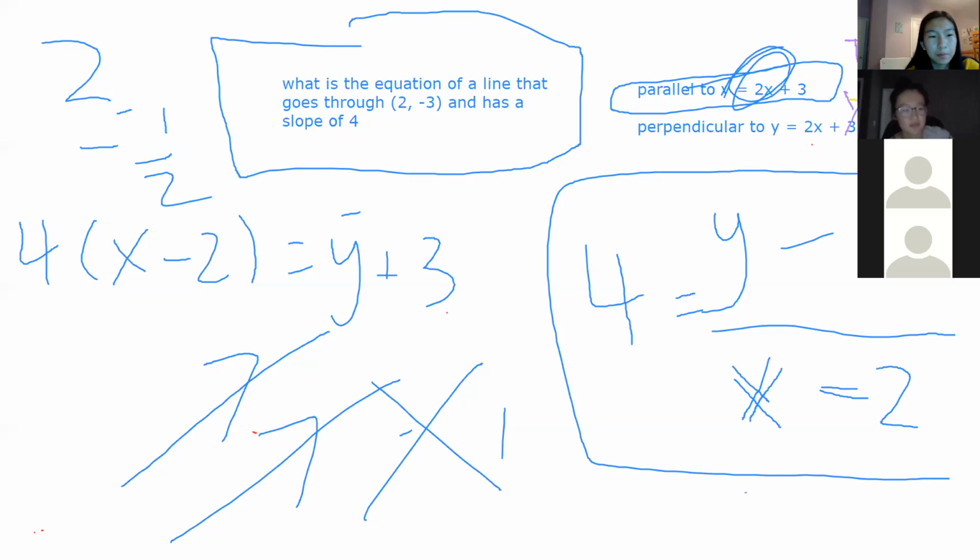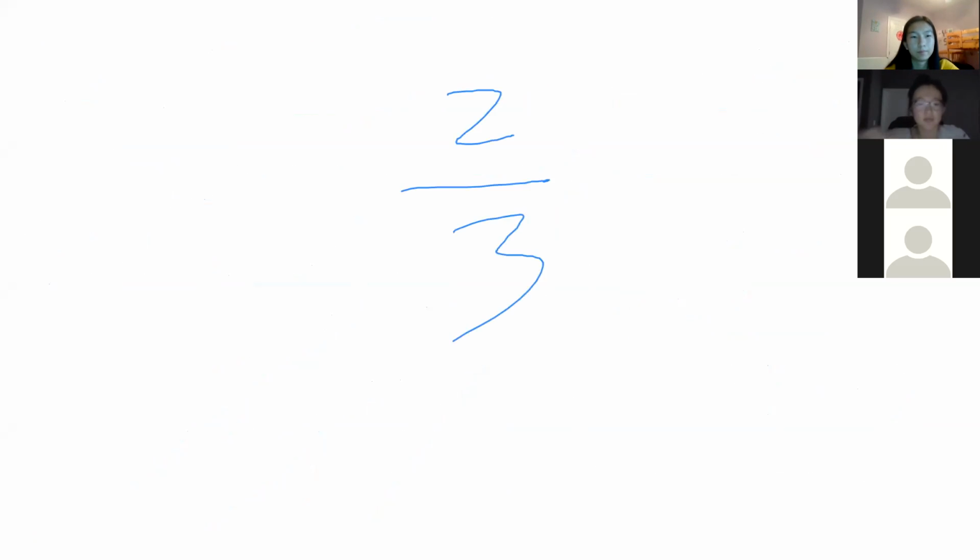And one quick example, what is the opposite reciprocal of 2/3? 3/2. Remember the negative part. But yeah, it'd be -3/2.